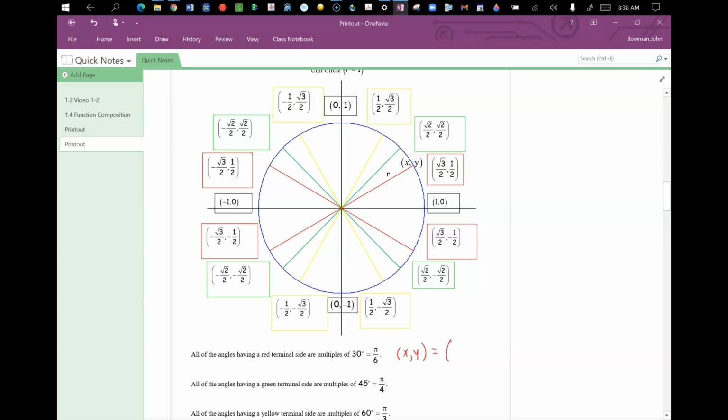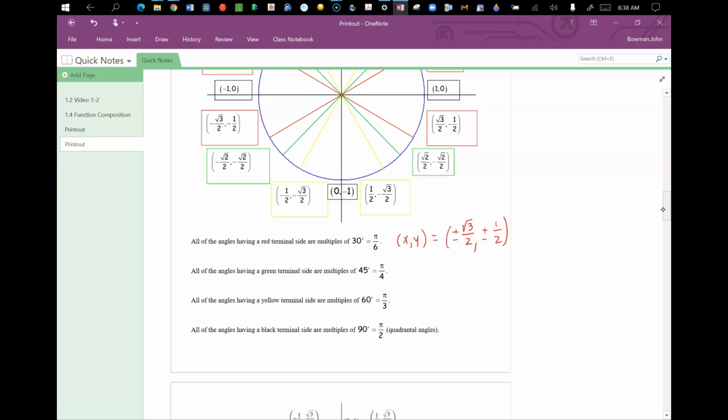The x coordinates are either plus or minus root 3 over 2, and the y coordinates are always plus or minus 1/2. So the cosine corresponds to the x coordinate, and the sine corresponds to the y coordinate when the radius is 1.